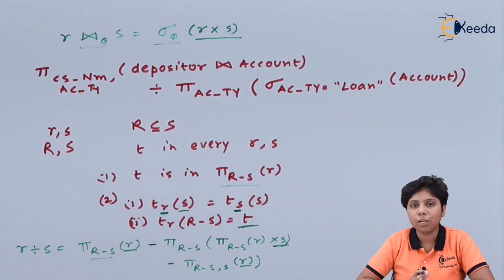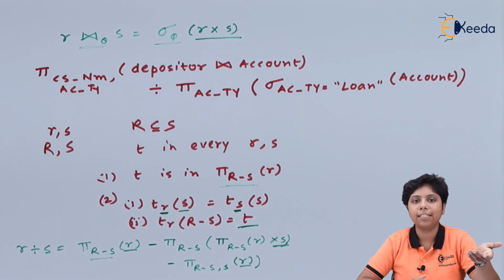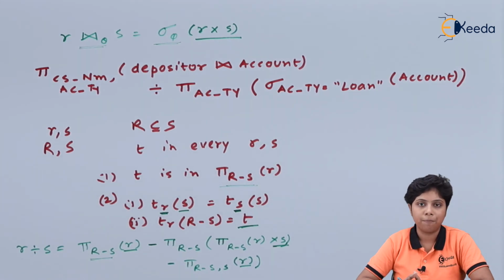So in this way we can perform the division operation by first fetching two projection operations, which can be a complex operation, and then the divided result will be the final output.